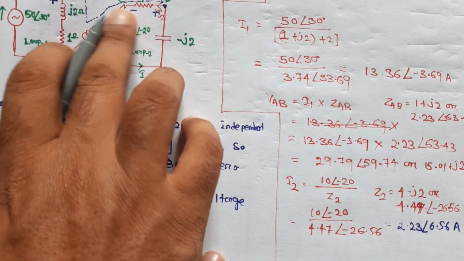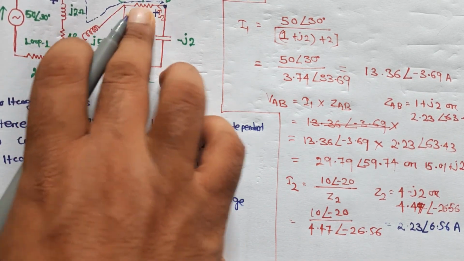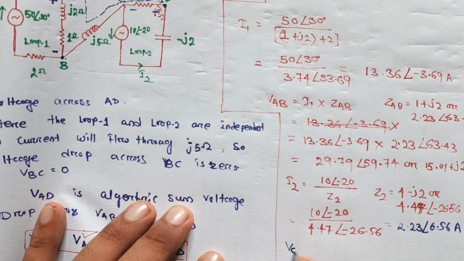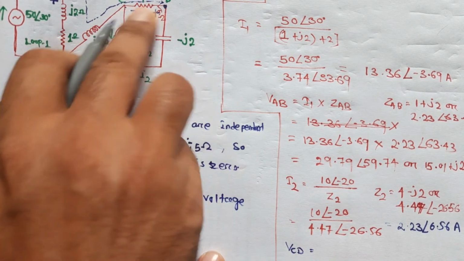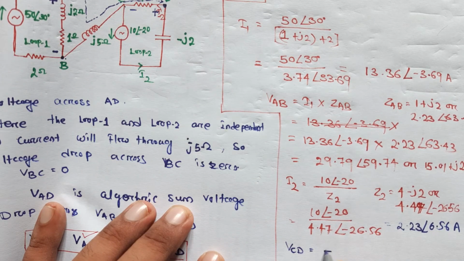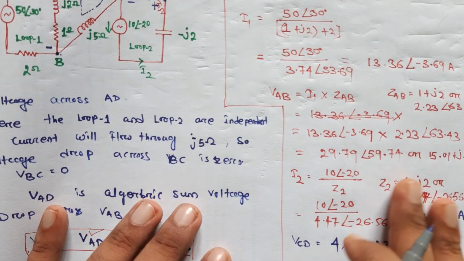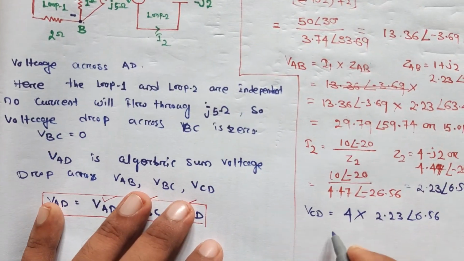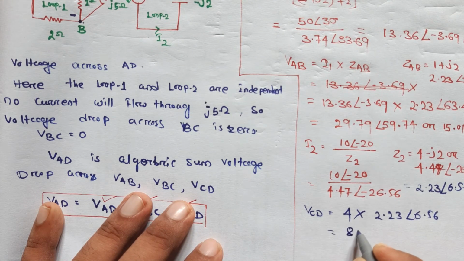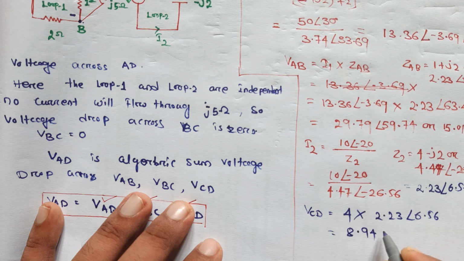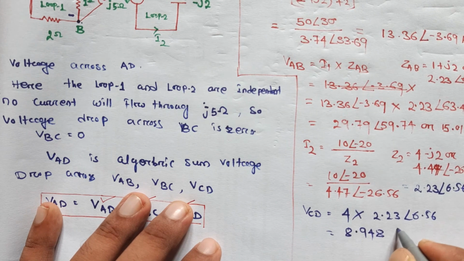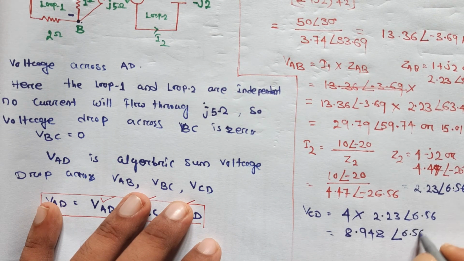Next we need to find the voltage drop across VCD. VCD is equal to this resistance 4 into this current 2.23 angle 6.56. This value is 8.948 angle 6.56.